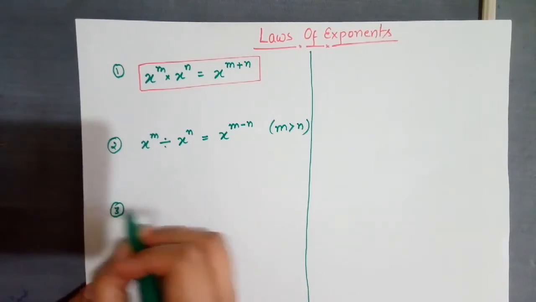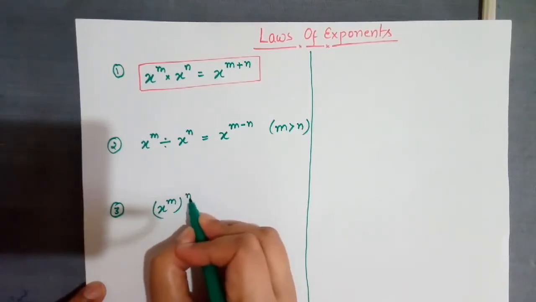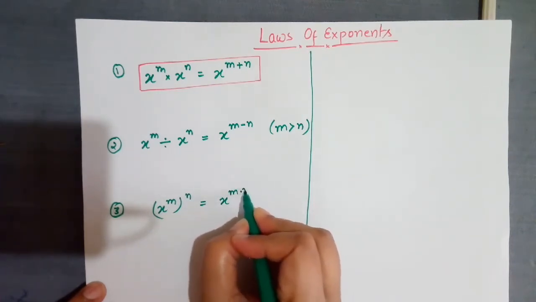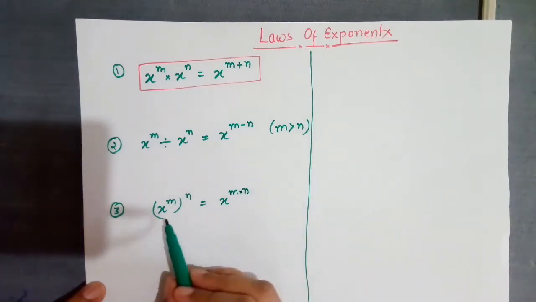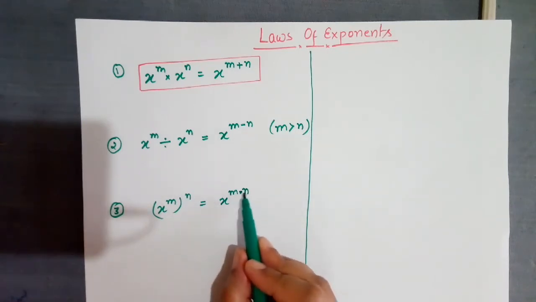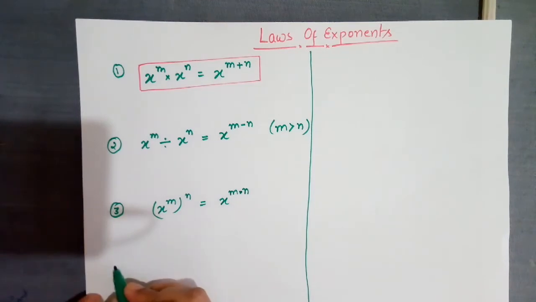Third one is x to the power m whole power n is equal to x to the power m into n. If the base is x, x to the power m whole power n will become x to the power m into n. Both the powers will multiply.